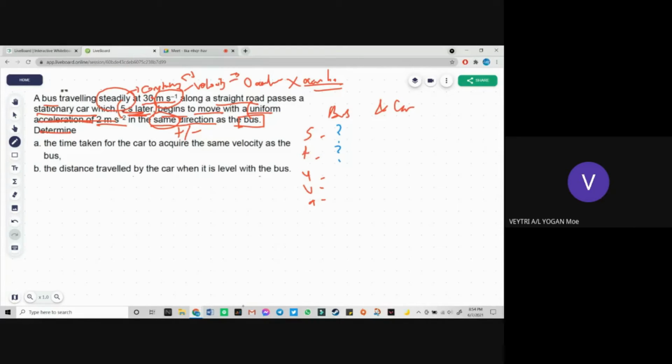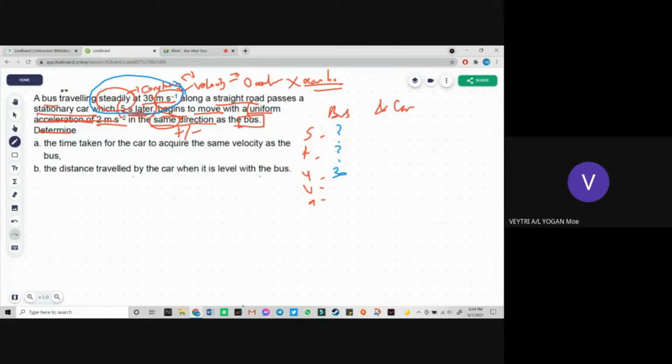Bus, initial velocity dia 30 or 0? Okay, in this case, it's 30. Kenapa? Sebab it's already stated here that the bus is travelling. So, kalau dia tak cakap apa-apa daripada stationary, then it moves 30 meter per second. You can safely write down that the initial velocity of the bus itself is 30 meter per second.